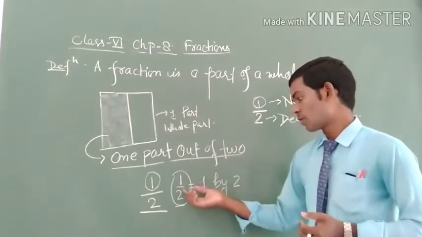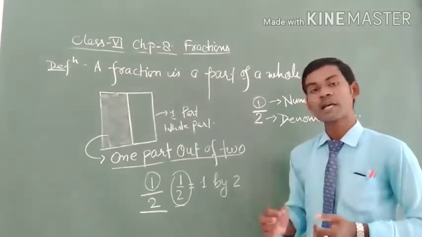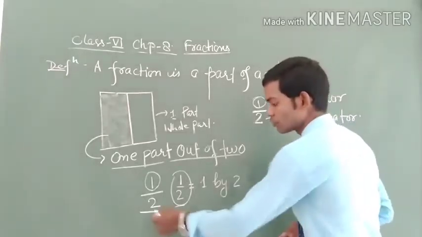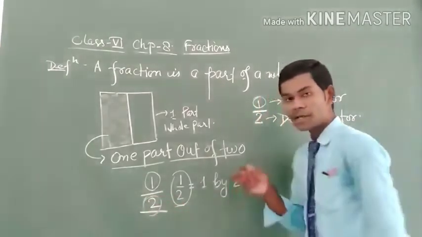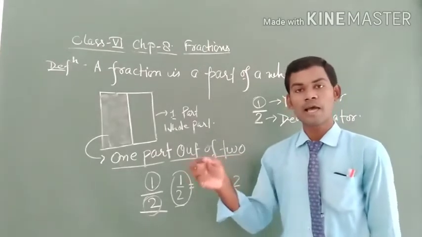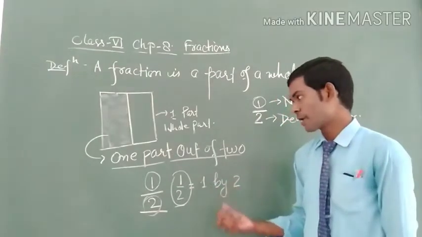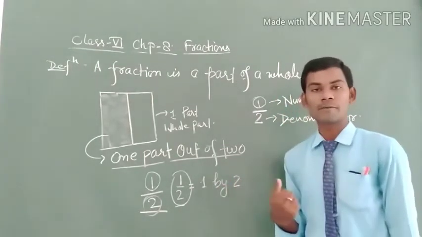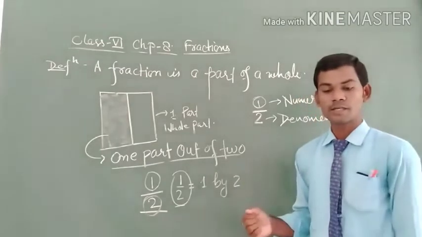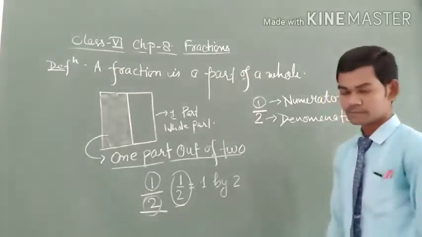And here 1 upon 2 is the fraction in which we can see that a whole is divided into two equal parts, in which one part out of two has been taken. Okay, so I think the definition and the idea of the fraction has been clear to all students. Now let us see some various types of fraction.